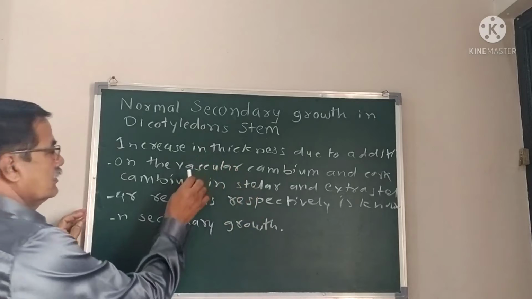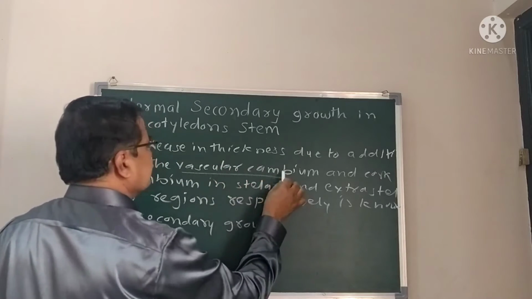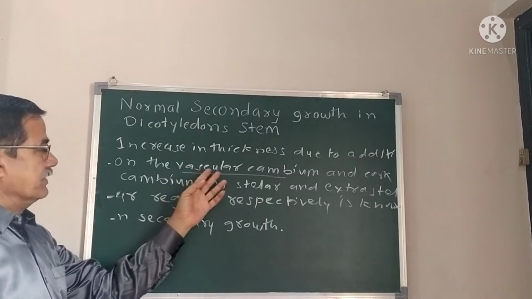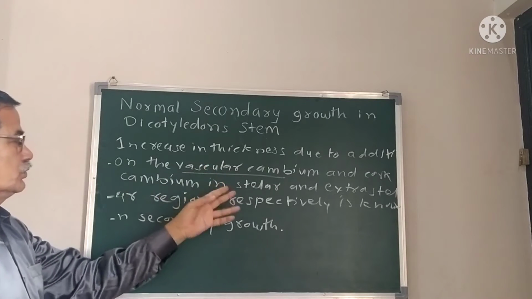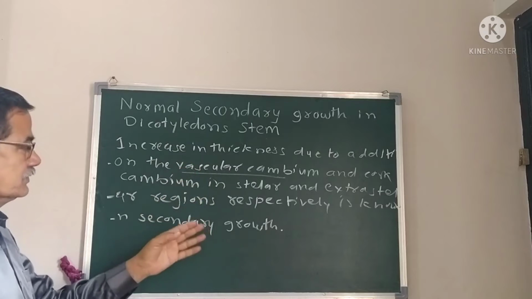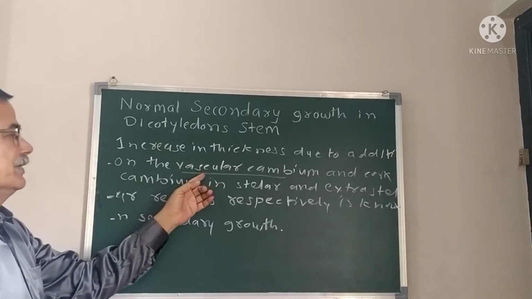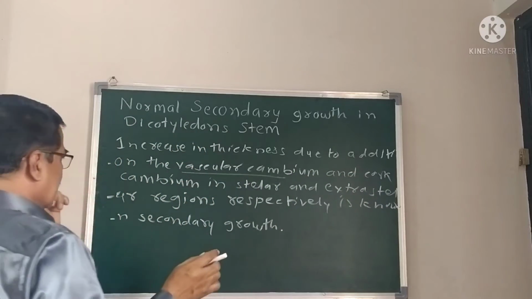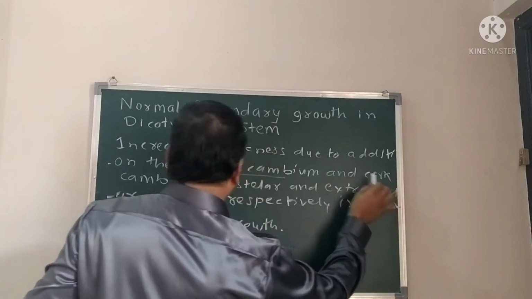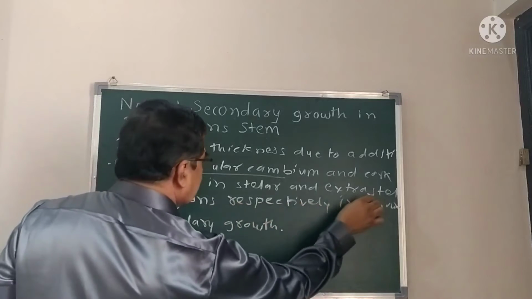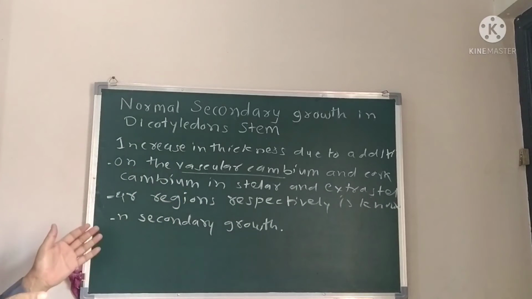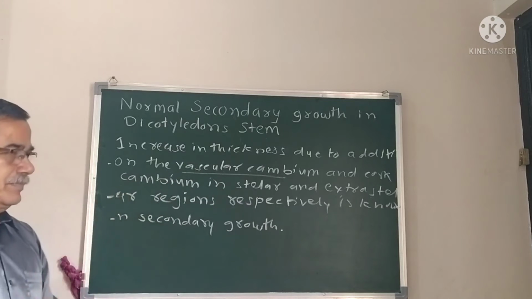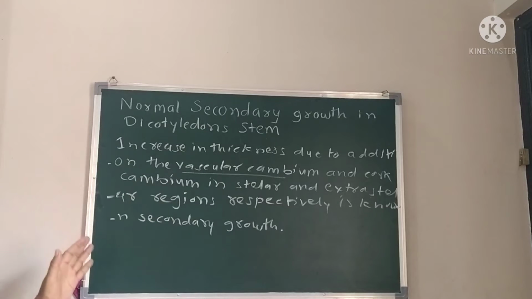First of all, the vascular cambium becomes more active, and due to its activity, it adds new tissues, xylem and phloem, to the primary tissues. Then, as the size increases centrally, the extrastellar region ruptures, the epidermis is ruptured and the periderm is formed.